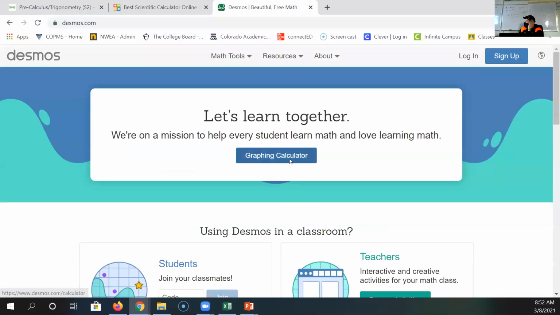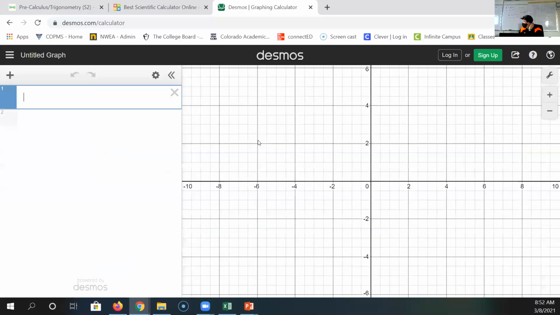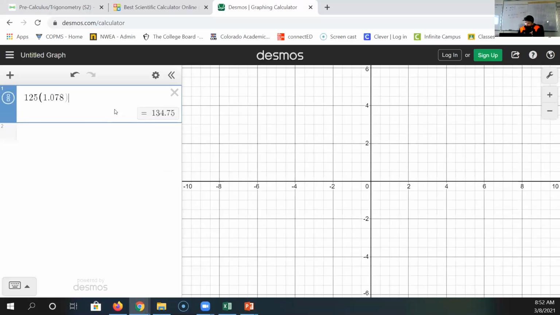Because I have a graphing equation and I want to know where it's 500. So the first equation I'm going to put in is my modeling equation: 125 times the quantity of 1.078 to the power of x.